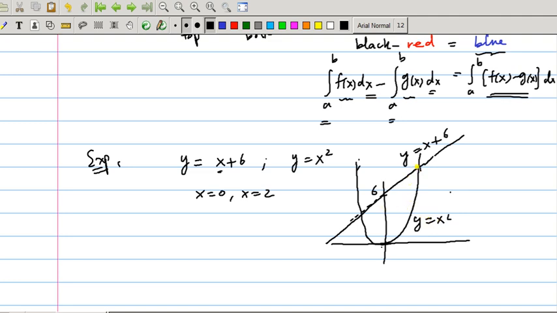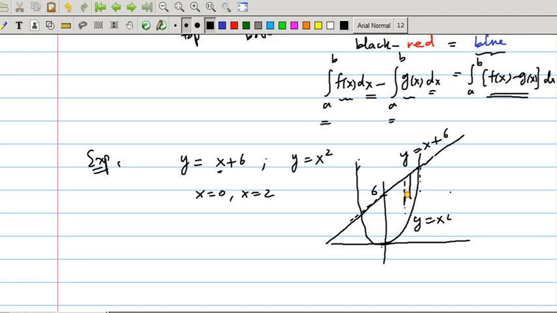So this is, I think, no, the common point is not this, somewhere here. They intersect at so 2 is somewhere here.